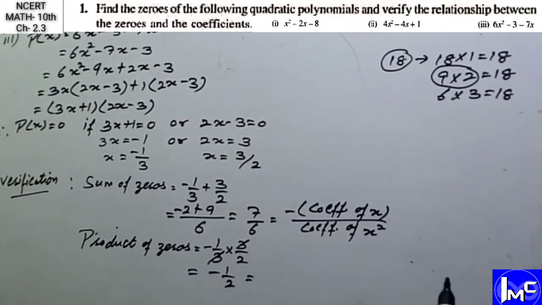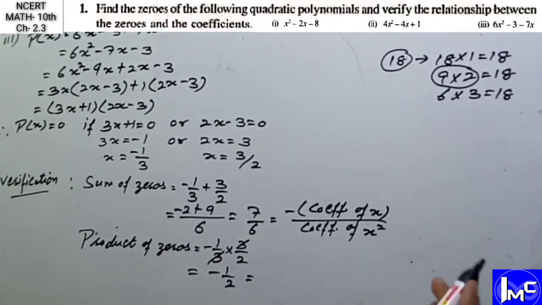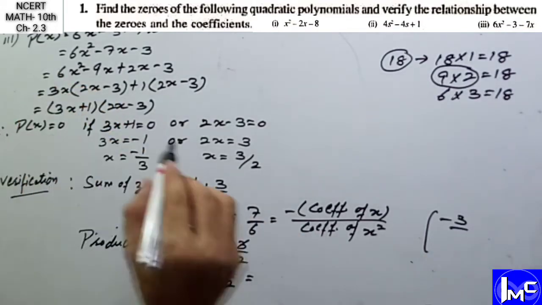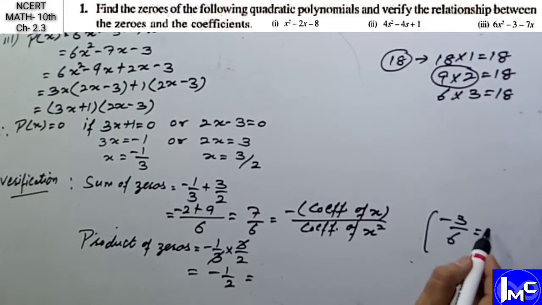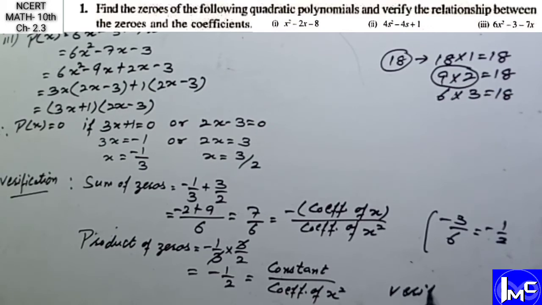If we see the constant term, minus 3 over the coefficient of x square, that is 6, we will get 1 by 2 with the negative sign, that is here, and it can be written as constant over coefficient of x square. Verified.